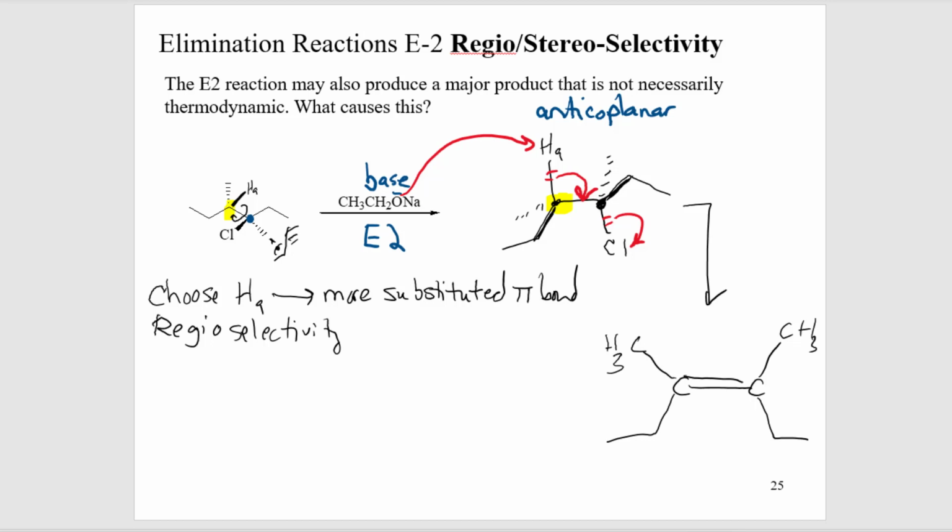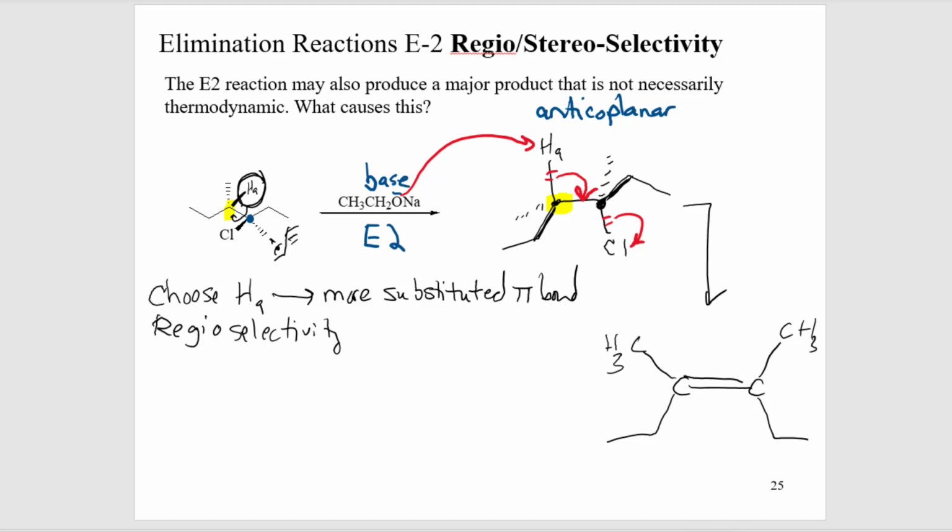But you know what? I had no choice. Due to the stereo centers that were given to me, this was the only possible way. There was only one hydrogen. Had there been two hydrogens and not a stereo center at that position, it wouldn't have mattered. I would have been able to twist it to get all of those bigger groups away from each other. But be careful when you have only one hydrogen and it's part of a stereo center.